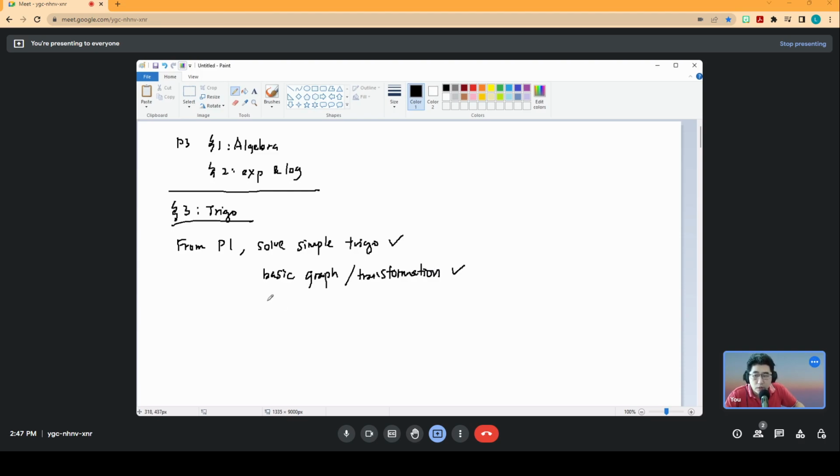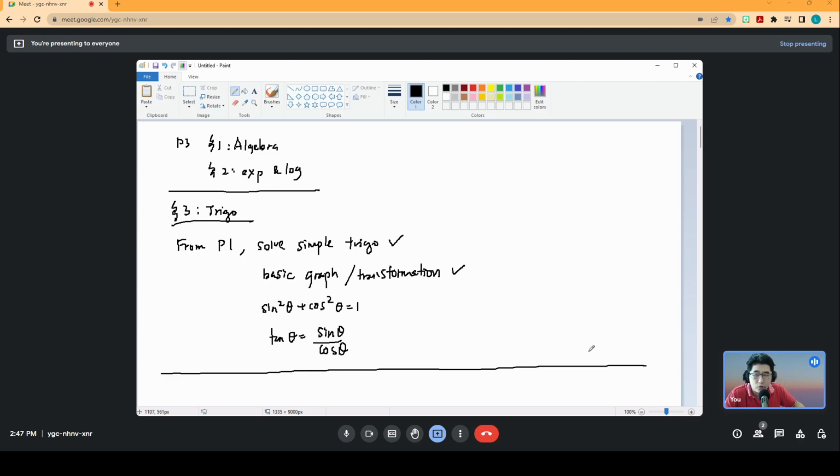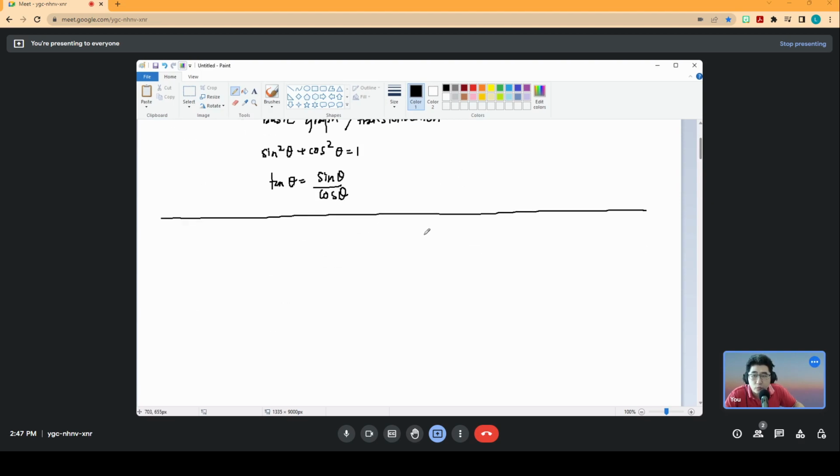You also learned some trigo formulas, which are sine squared theta plus cos squared theta equals 1, and tangent theta equals sine theta over cos theta. Of course, I will assume that students are already okay with the P1 syllabus. Then we continue with P3.